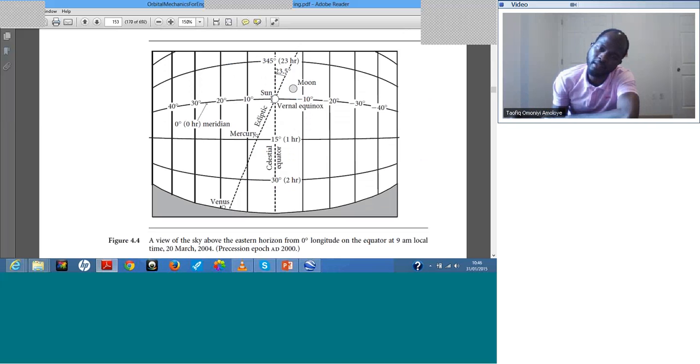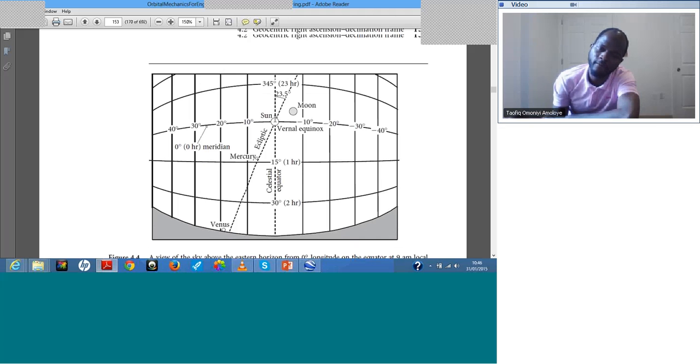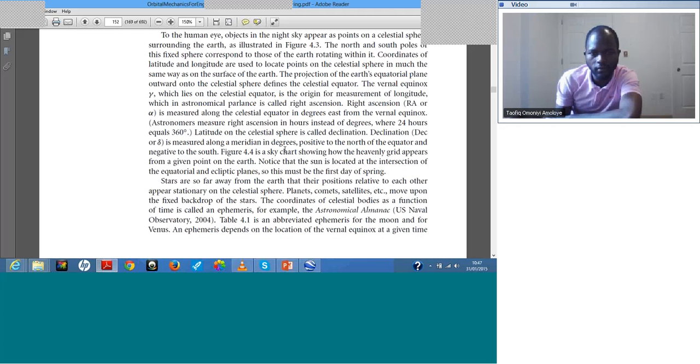We notice that the sun has been put on that vernal equinox line, so this sky was charted on the first day of spring, and that's what it says there. Notice that the sun is located at the intersection of the equatorial and ecliptic planes, so this must be the first day of spring.